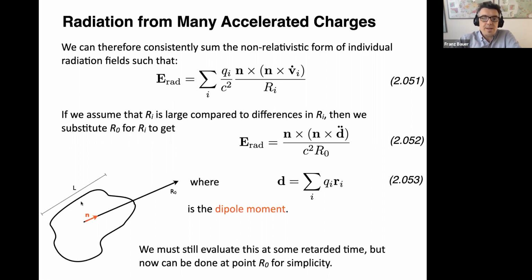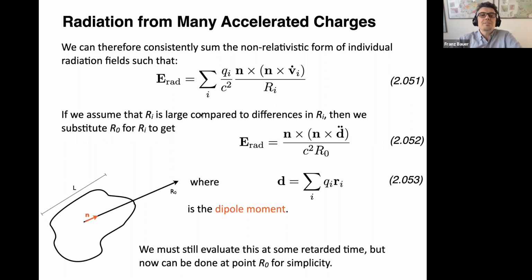And each individual radius is R_i like this. Now, if this R_i is large compared to differences in R_i, so this distance is much larger than this distance, right? Then all of these things are more or less at the same physical location, and it's just a perturbation of R.